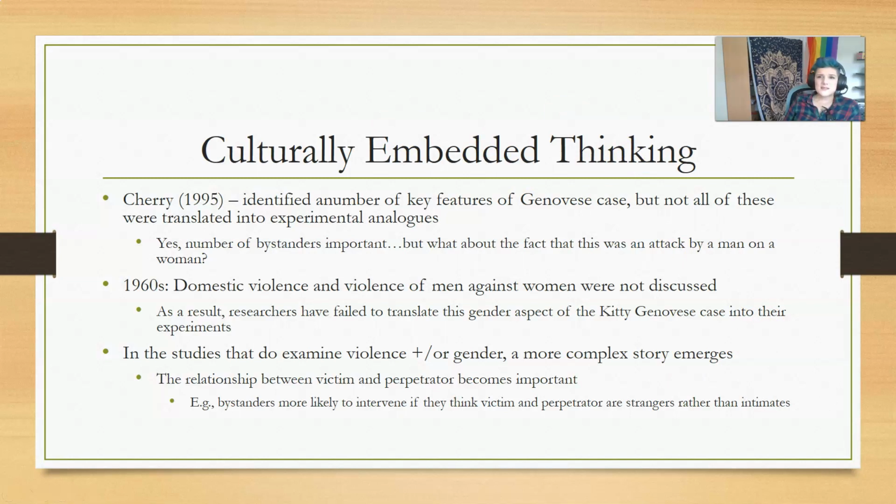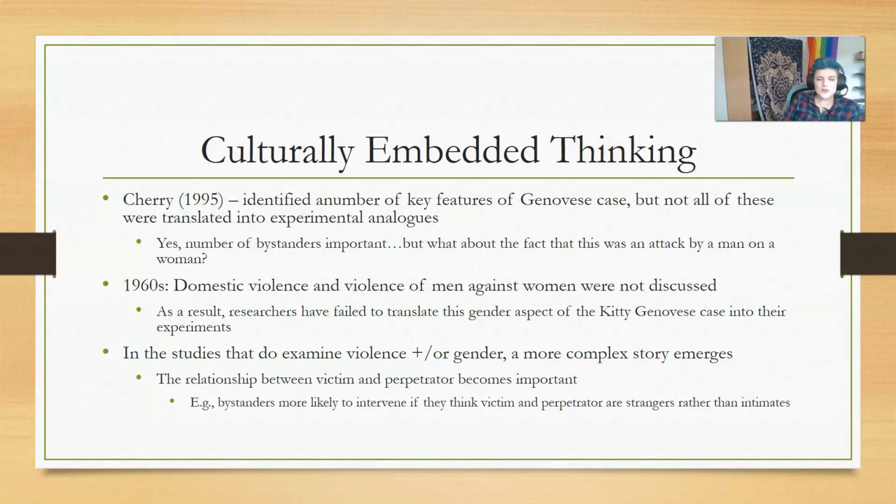The number of bystanders was important, but we're also ignoring the cultural norms. This was an attack by a man on a woman, and in the 1960s, domestic violence of men against women was not discussed. So this gender aspect of the Kitty Genovese case hasn't been replicated in research since.